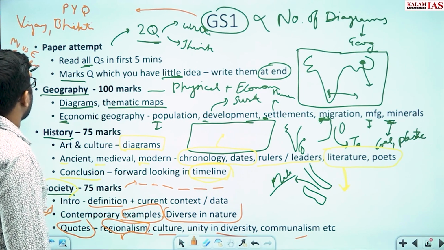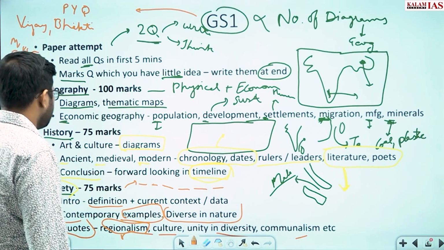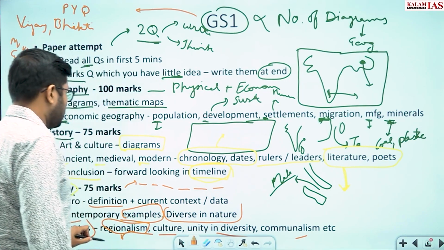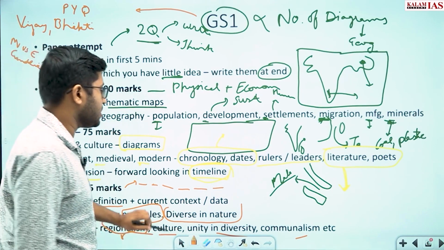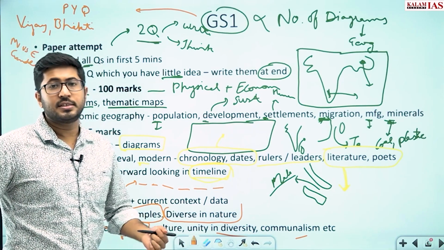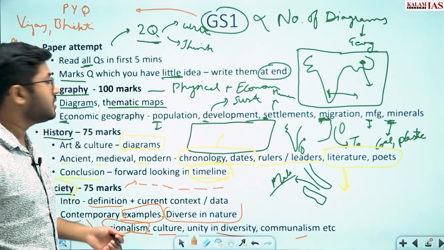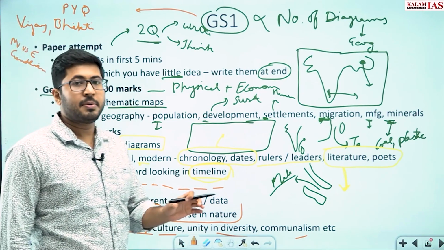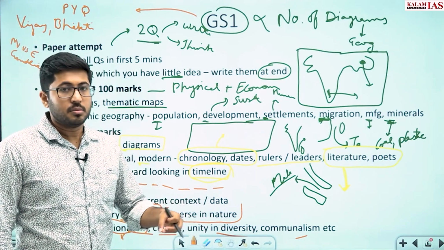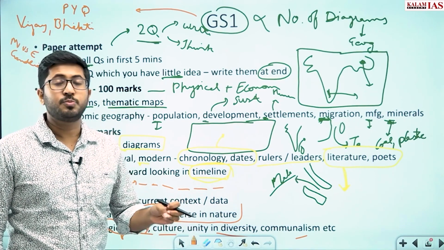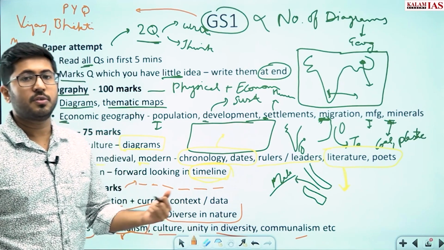These are quite common. And then in society, as I have already mentioned, themes like regionalism, culture, population and its dynamics are also quite repetitive. So you can pre-prepare those topics, predict them, and give extra focus on those particular topics so that you can generate a lot of good content.